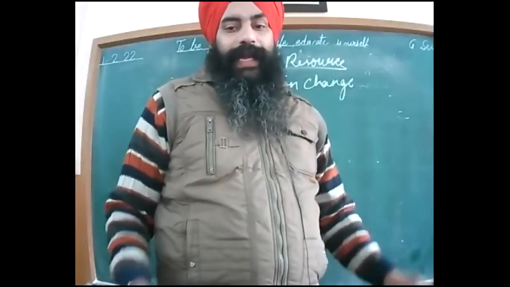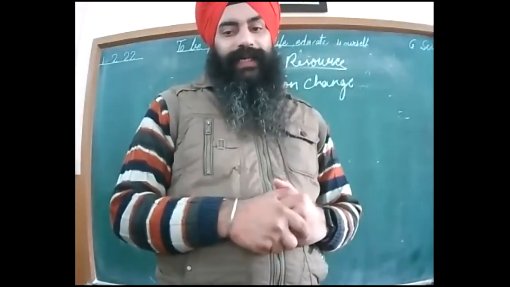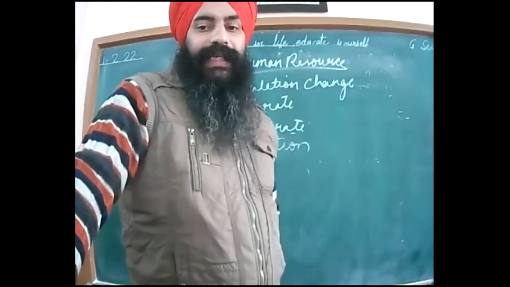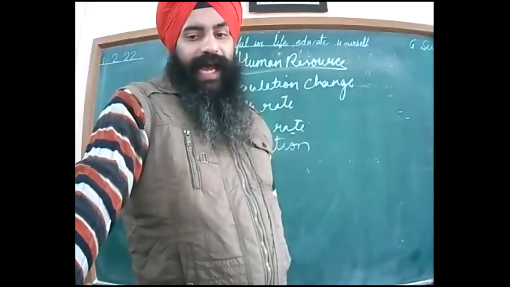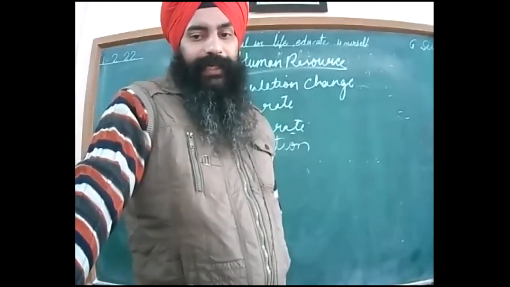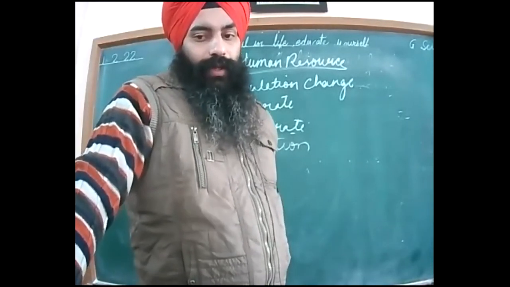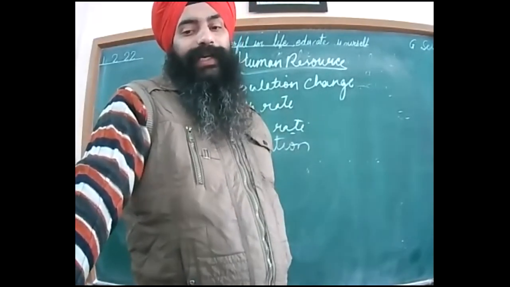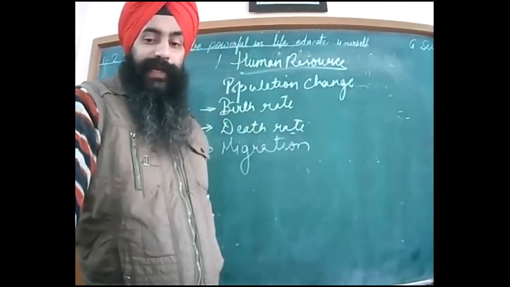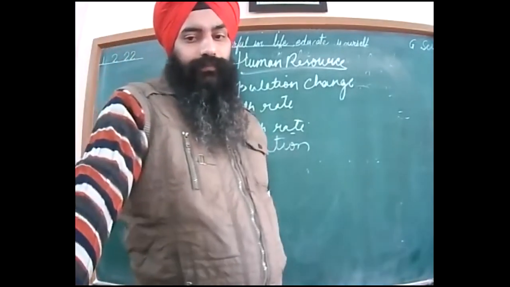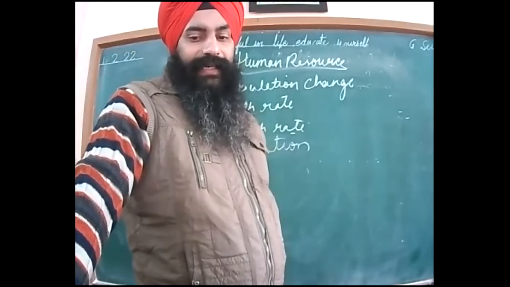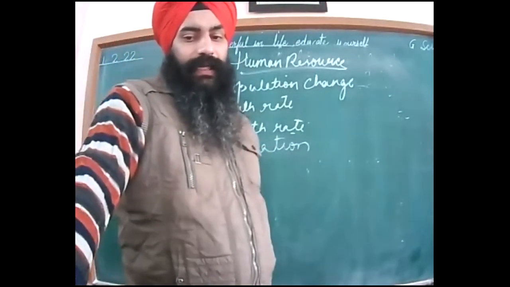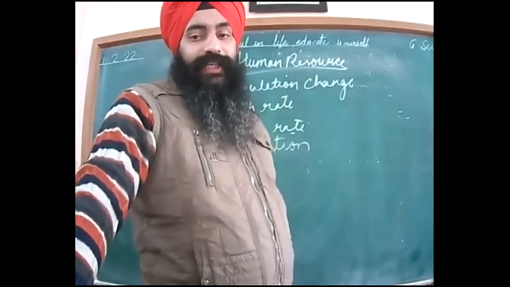In proportion to every 100 people living in a country, 3 persons are added in a given period of time. A given period means the current period, it may be 2021 to 22, or 2020 to 21. Clear? 3% indicates that 3 persons in proportion to the 100 persons present in a country are added in a given period.